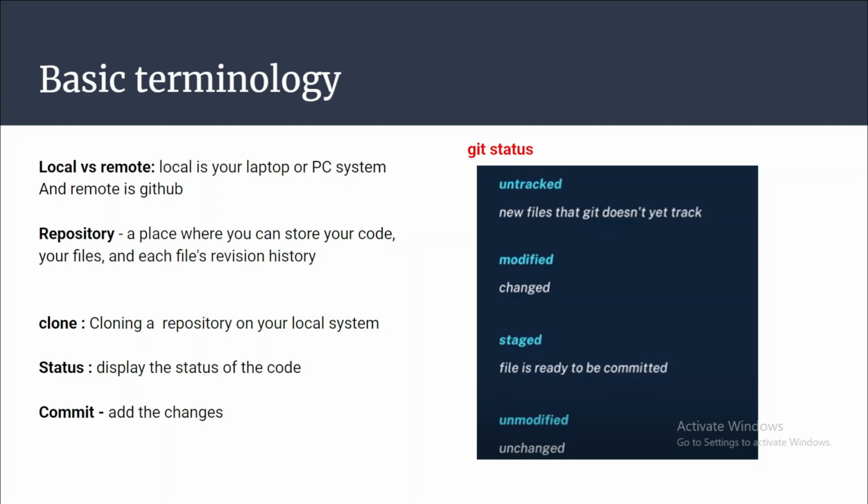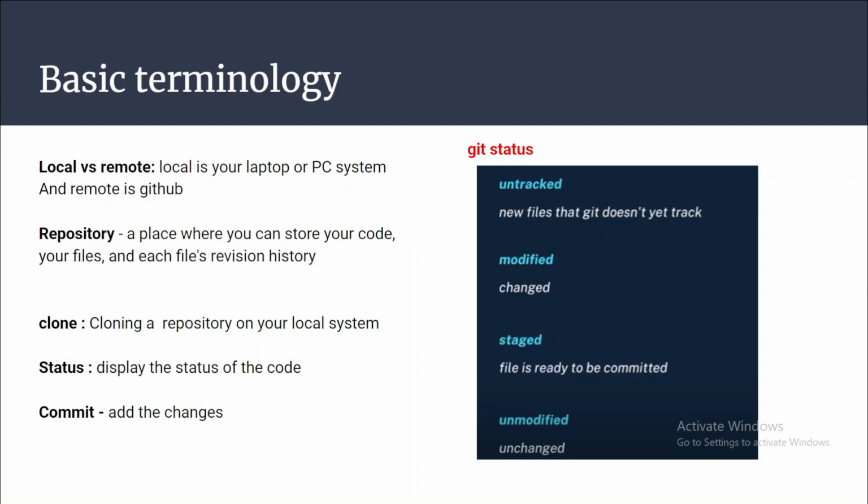So in coming slides, I'll use terms like pulling the changes from remote, or cloning the remote repository into my local system. Cloning means I'm downloading all the data or folders from the remote, that means the GitHub source, and copying everything into my local system, my laptop.